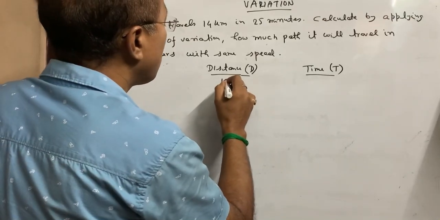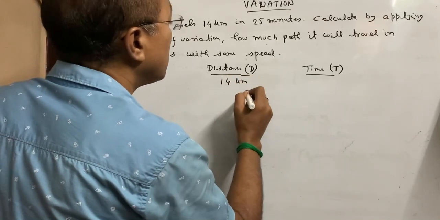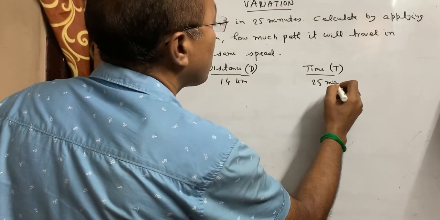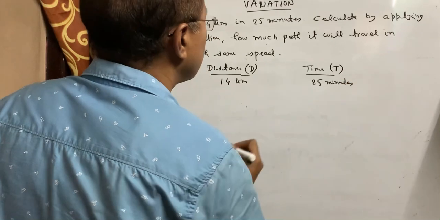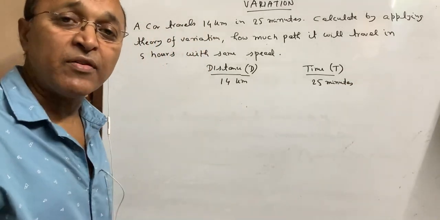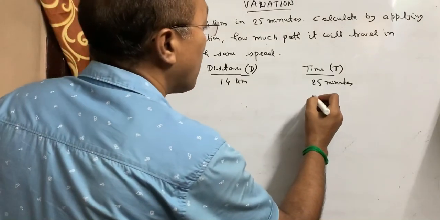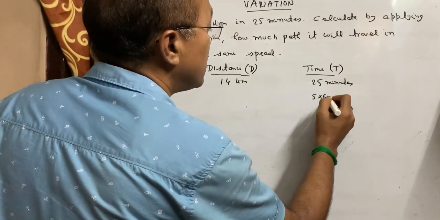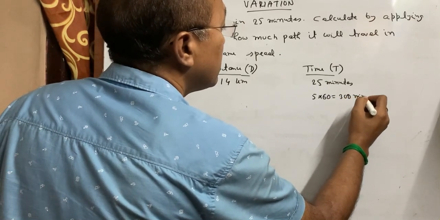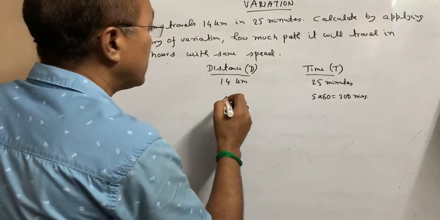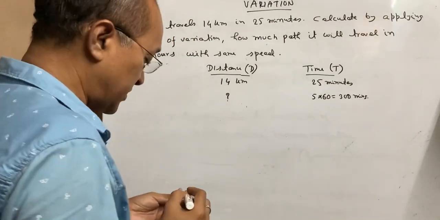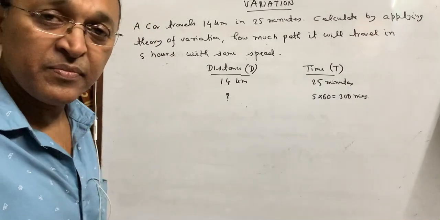Distance is 14 kilometers, time is 25 minutes. We have to find how much path it will travel in 5 hours. 5 hours means 5 into 60, that is 300 minutes, and we have to find the distance, right?